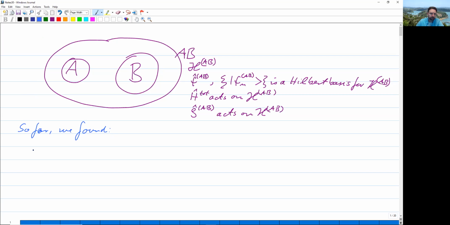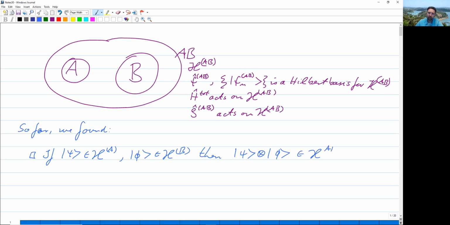We found that if psi is in the Hilbert space of our subsystem A, and phi is in the Hilbert space of our second subsystem B, then the tensor product, which we defined in the previous lecture, is a vector in the big Hilbert space, I mean, in the Hilbert space of the big system AB.